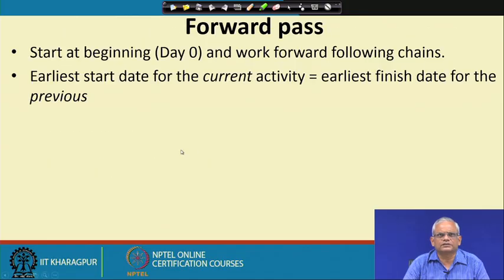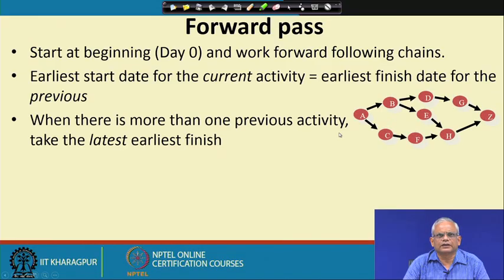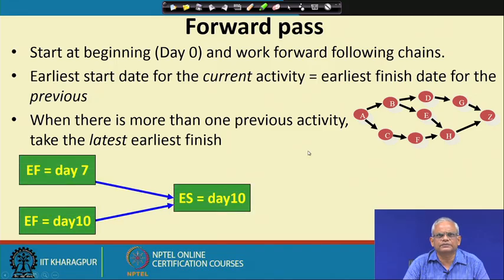In the forward pass, we start from the beginning or the start task, which starts at day 0, and then we work forward. We will set the start date as the earliest finish date for the previous task. And if there is more than one previous activity, we will take the latest finish time.